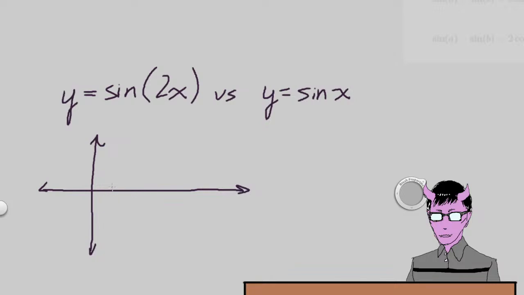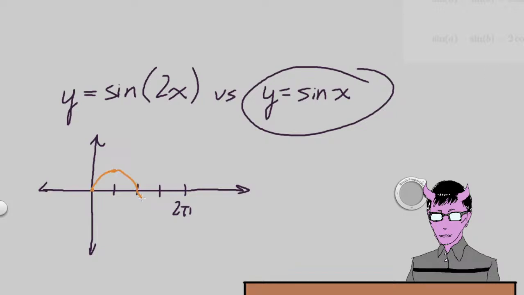to 2 pi. So 1, 2, 3, and 4. This is 2 pi for the parent function. So we start at 0, 0, hit max, 0, hit minimum, reset value. It takes a total of 2 pi, because if you plug in 2 pi directly, then we reach 2 pi.